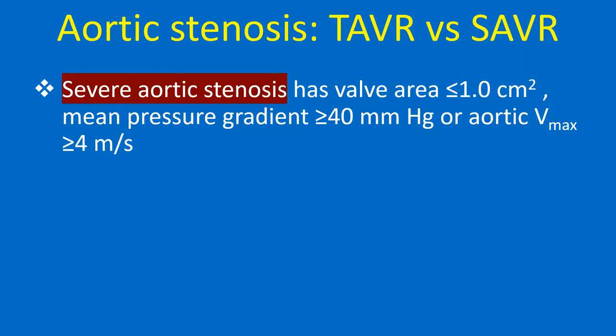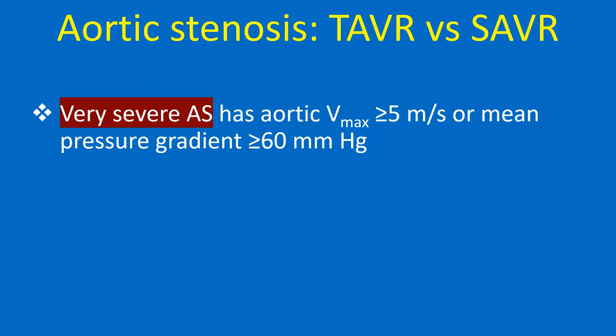Severe aortic stenosis has valve area less than or equal to 1 square centimeter, mean pressure gradient more than or equal to 40 millimeters of mercury, or aortic Vmax more than or equal to 4 meter per second. Very severe AS has aortic Vmax more than or equal to 5 meter per second or mean pressure gradient more than or equal to 60 millimeters of mercury.